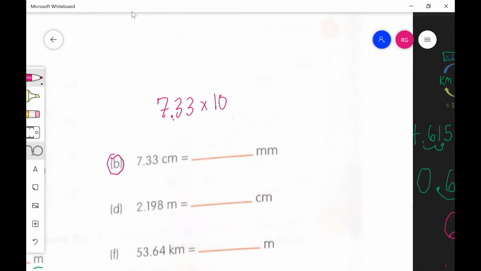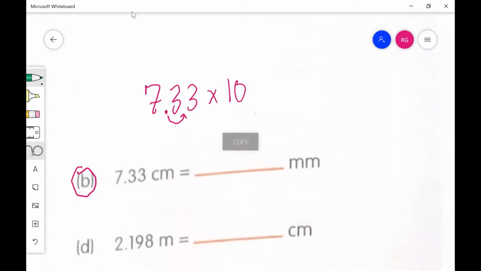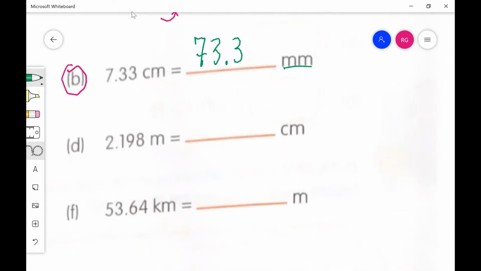Well, we move the decimal one place to the right, and my new decimal will go there. I can erase the old one. What's the new number? 73.3 millimeters.